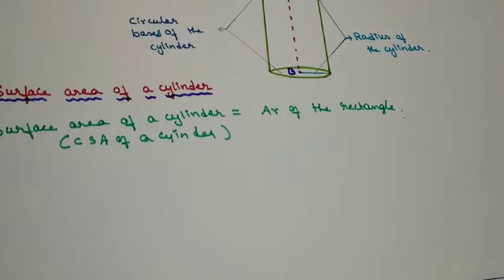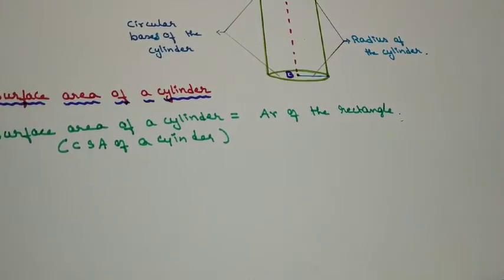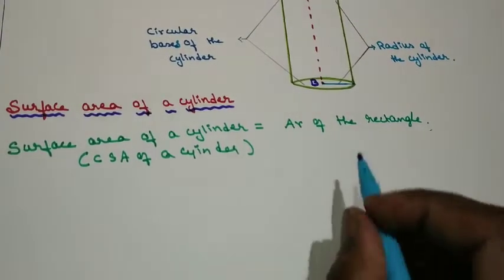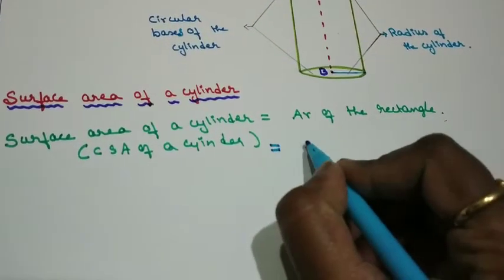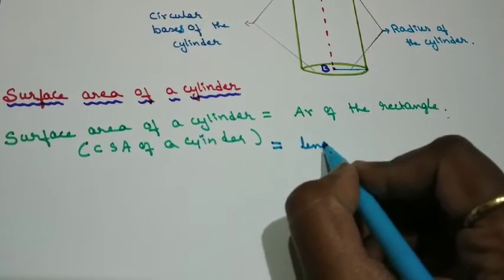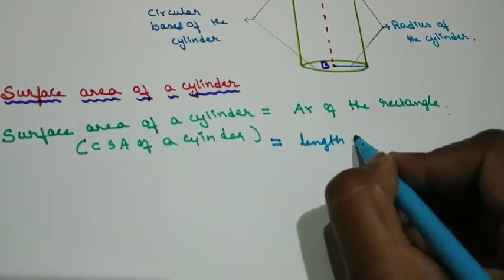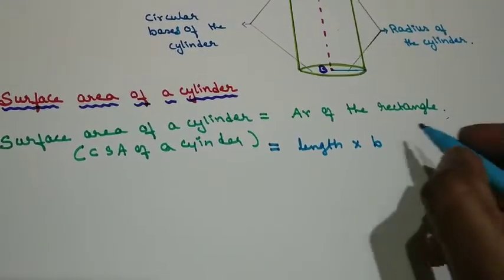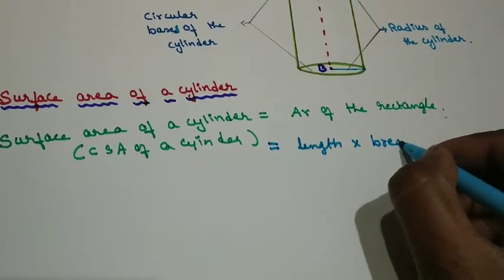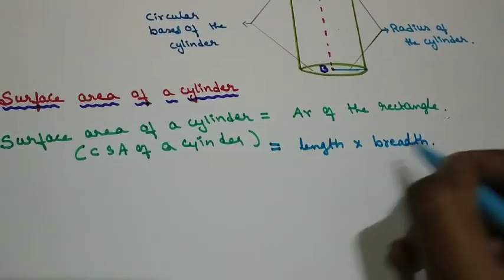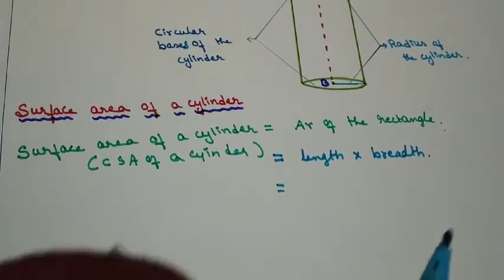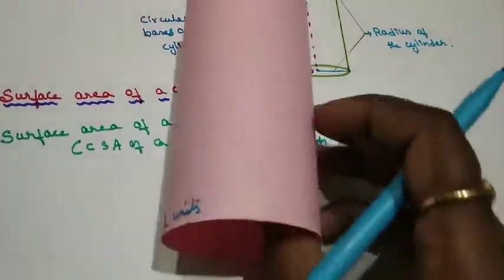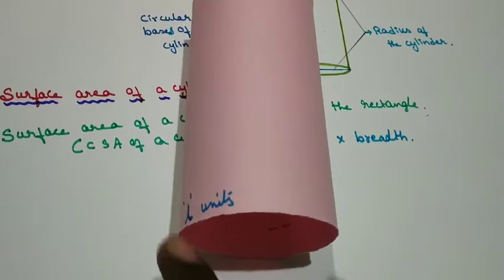The small strip which I took to make the cylinder was in the form of a rectangle. Then what is the area of a rectangle? Area of a rectangle is length into breadth. The length has become the circumference of the circle.